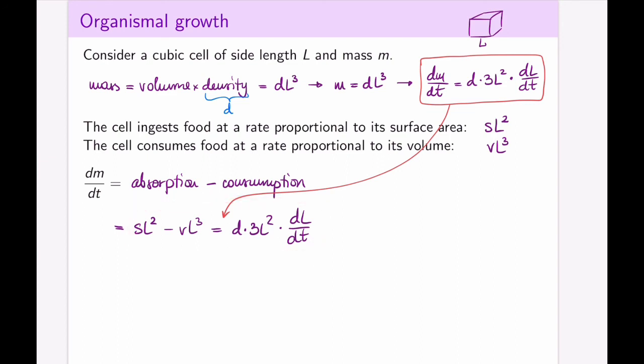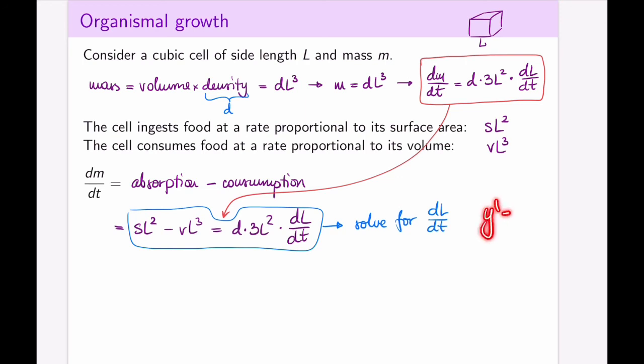So what that means is that I can take this expression and use this to solve, let's say at the beginning, for dl by dt, in the hopes that I'm going to get an expression similar to y prime equals ky when I am solving for the derivative of the function, and then be able to come up with a solution. Okay, so what do we have here?